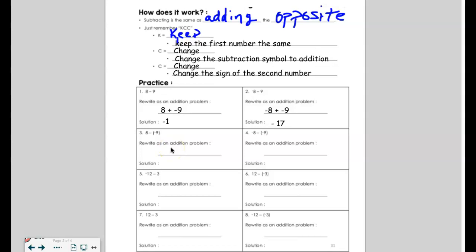And then number 3. We rewrite, 8 stays the same, plus a negative 9 because of a positive 9. So we have the same sign, so we keep our sign and we add. So we get 17.